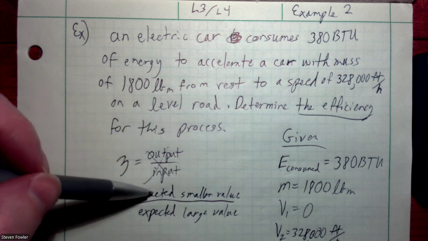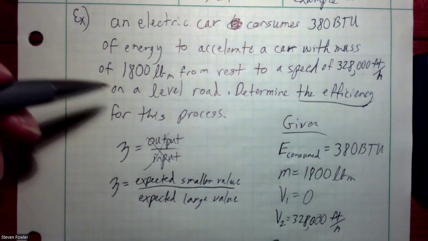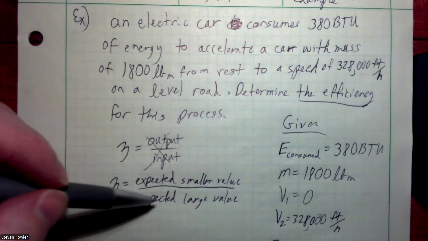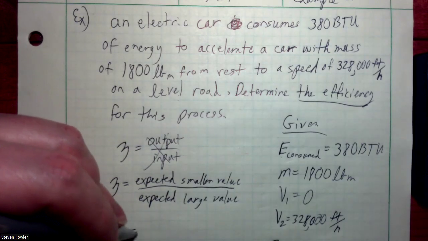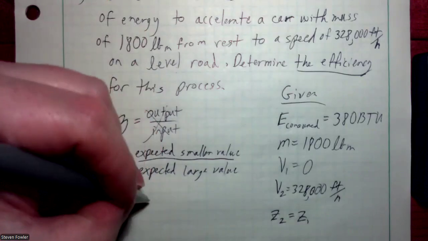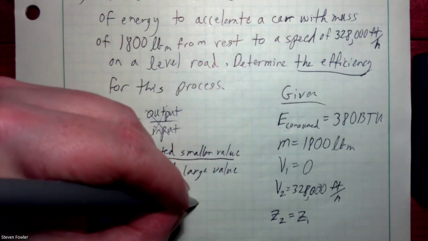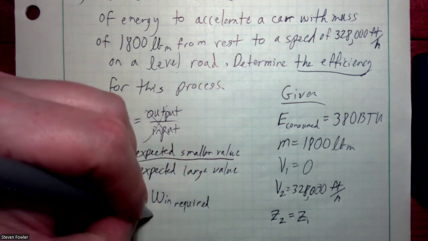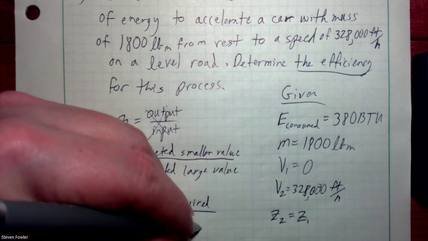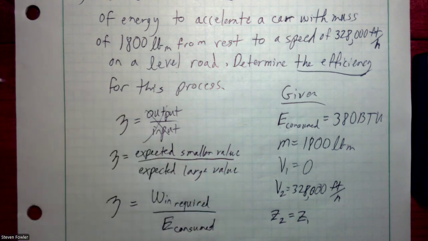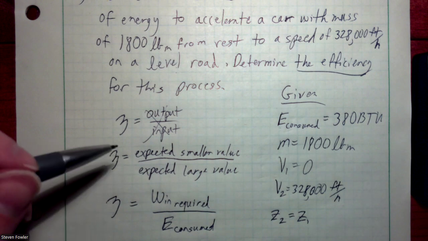So we expect that the energy required to accelerate is going to be less than the energy that actually gets consumed. So the efficiency ends up being the work required divided by the actual energy this thing consumes, or the work actual, the work that actually gets put into this thing, if you will.